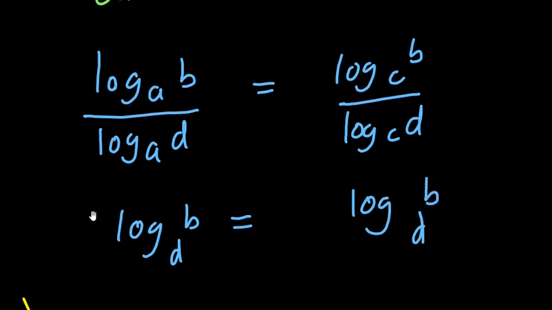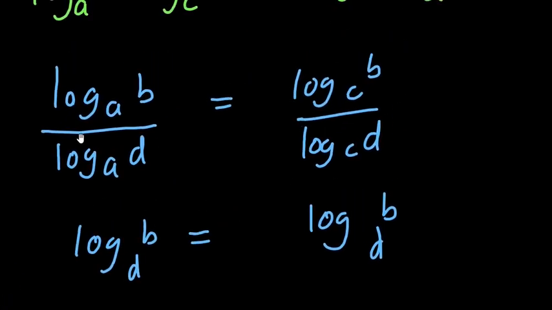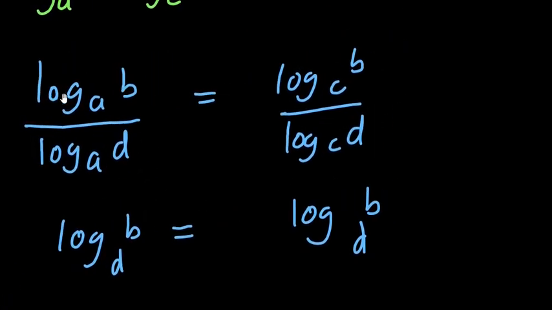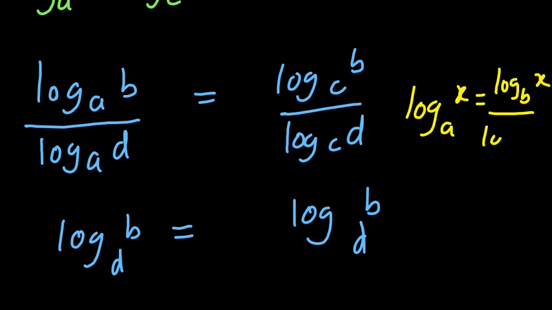It is the same thing, where it's just the property of changing base which we just applied. I'll just repeat it for the last time. Okay, I said log a x is the same as log b x over log b a. So the bases have to be the same to apply this property of changing base.